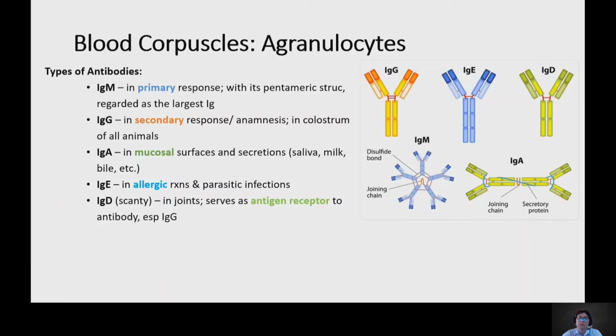IgA is in mucosal surfaces and secretions, which are saliva, milk, bile. IgE is in allergic reaction and parasitic infection. IgD is found in joints, and serves as antigen receptors to antibody, especially IgG.